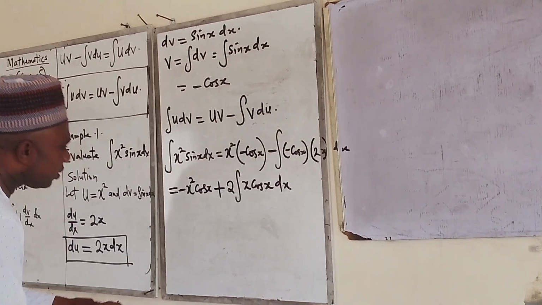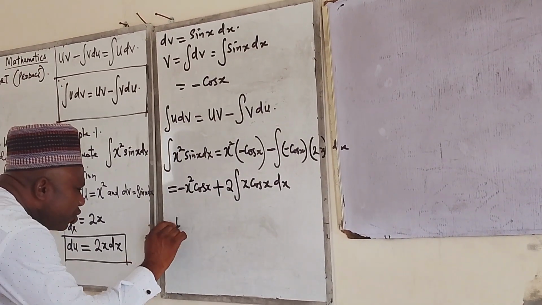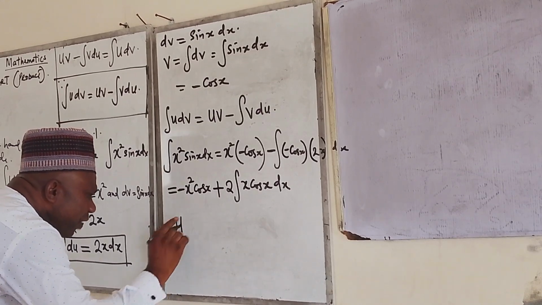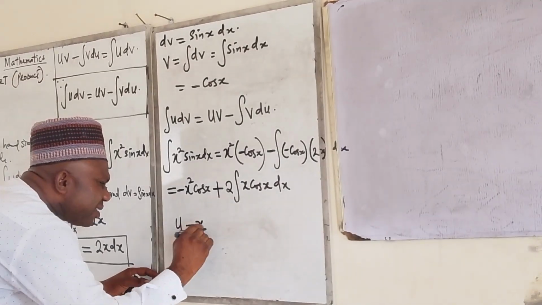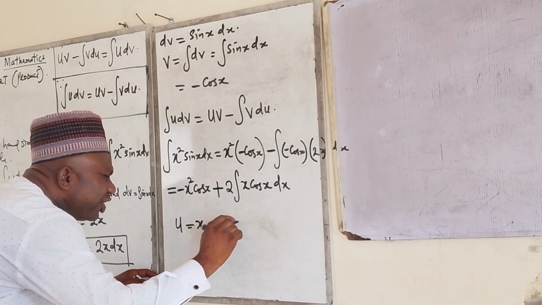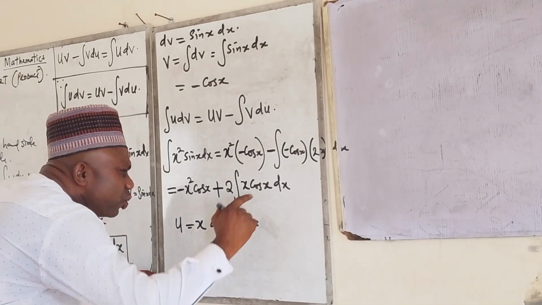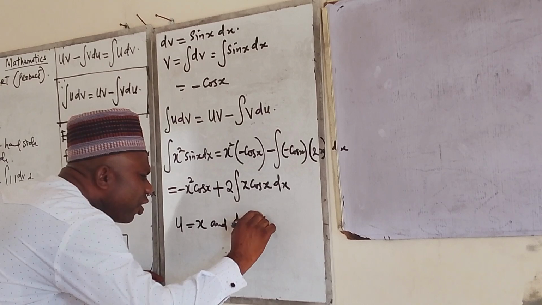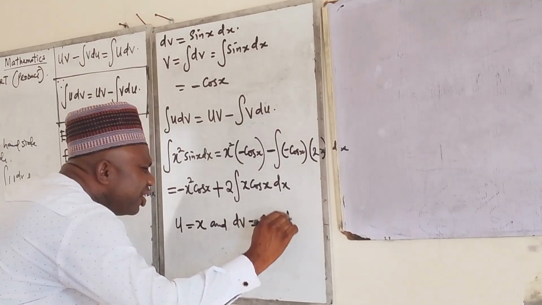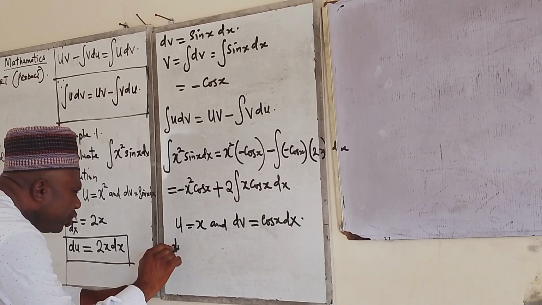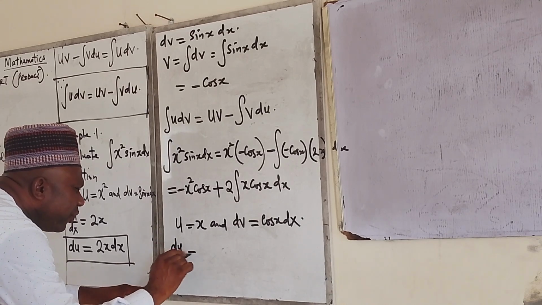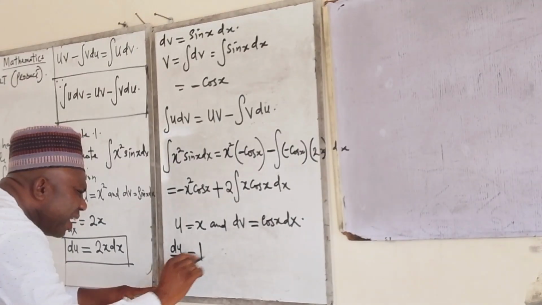So at this point, now I will say, let u be equal to x, and the dv be equal to cos x dx. So it means at this point, du over dx, when you differentiate x, it gives you 1.